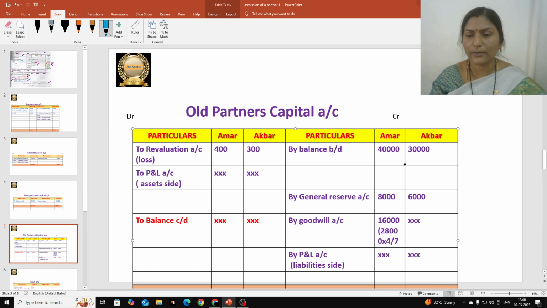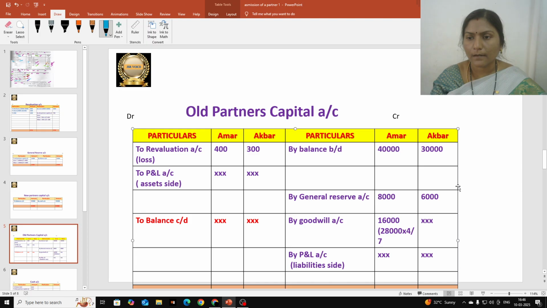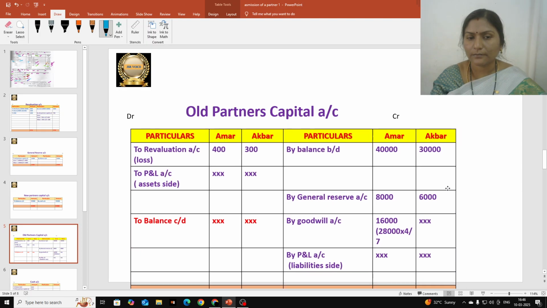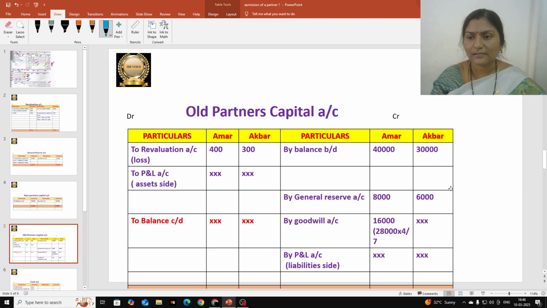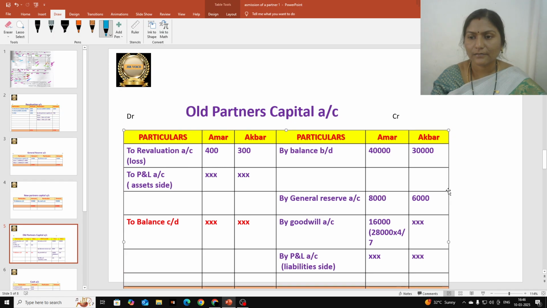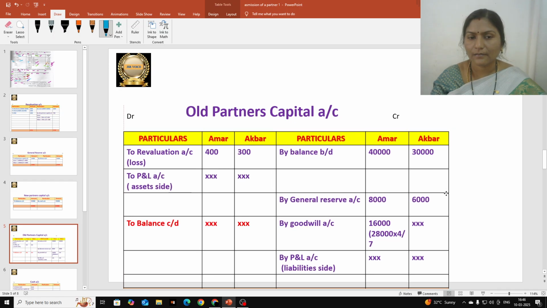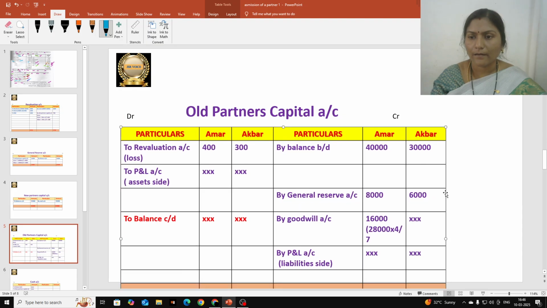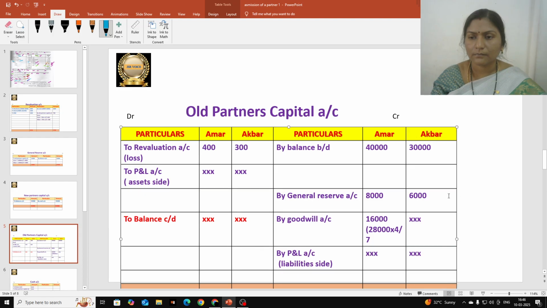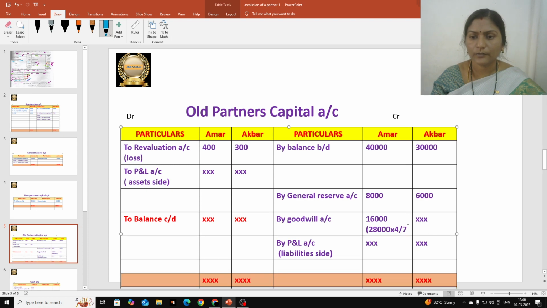Wait a minute, students, a little bit more time, because calculation is there. Okay, so this is how we do the calculation.